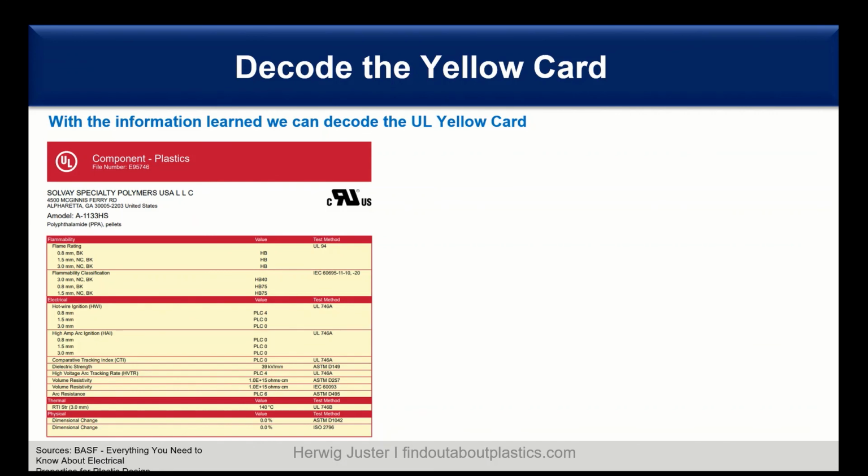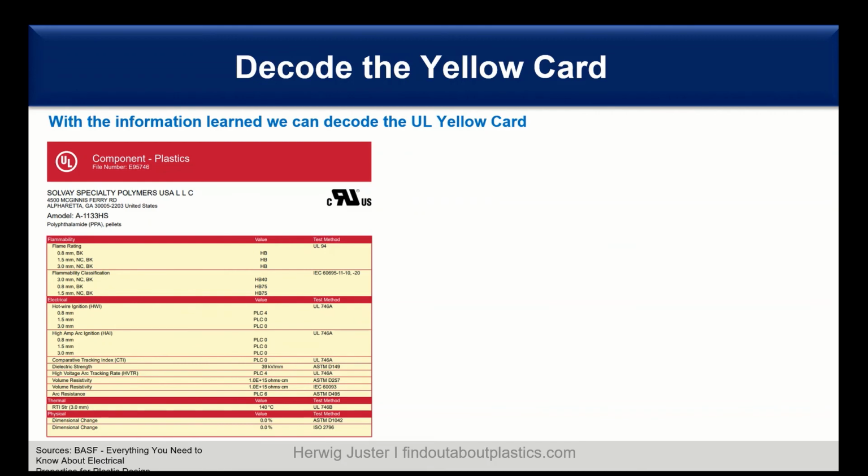And with all this information learned now, we are able now to decode the yellow card, so the UL yellow card, which is used in electrics and electronics, and it's coming more and more also in the automotive e-mobility field.